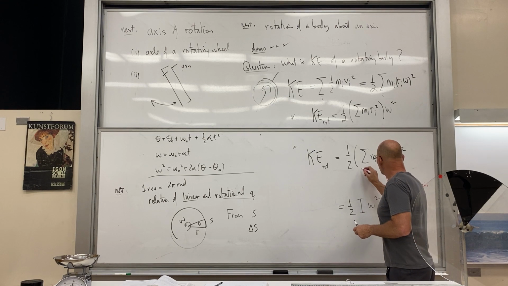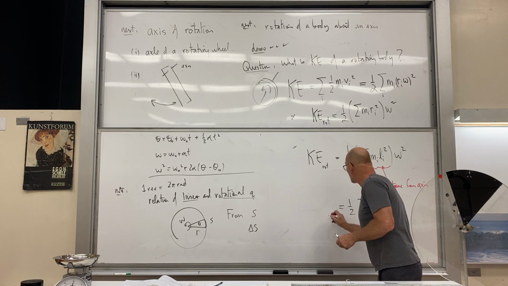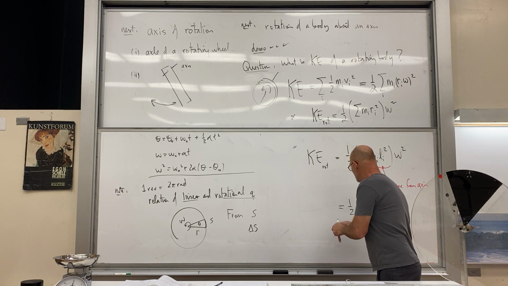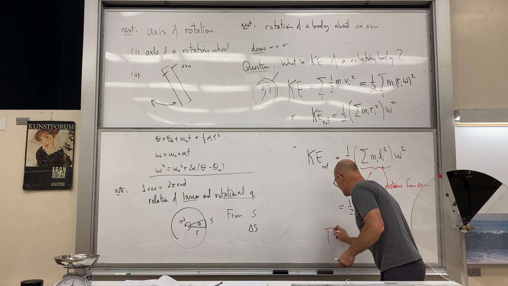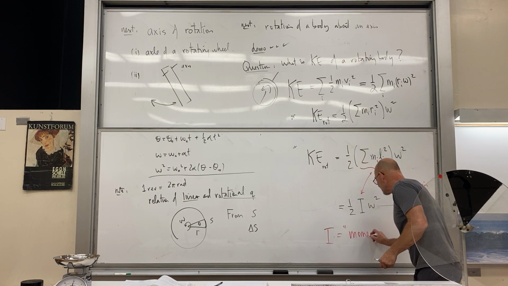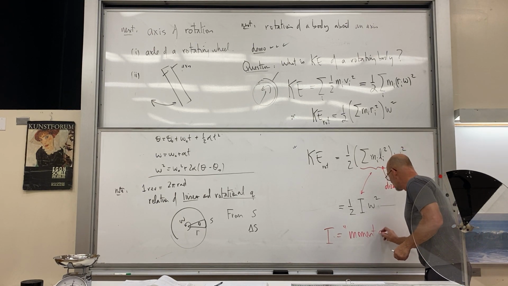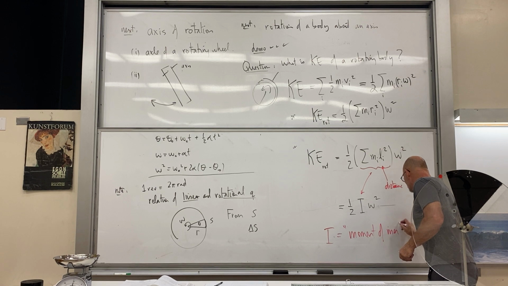So this object here is called the moment of inertia. So I is called the moment of inertia. You could just as well call it the rotational inertia.